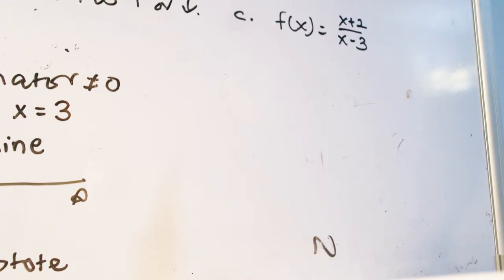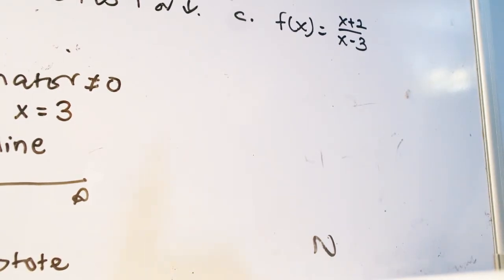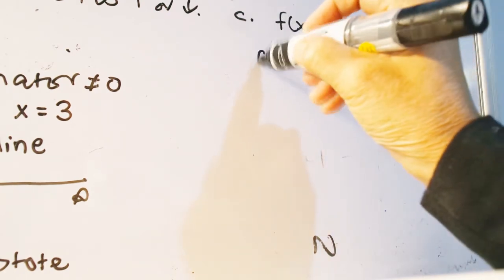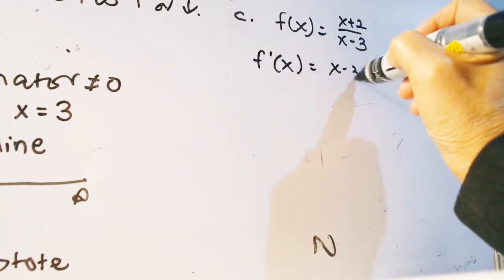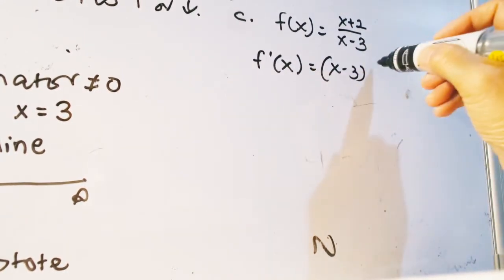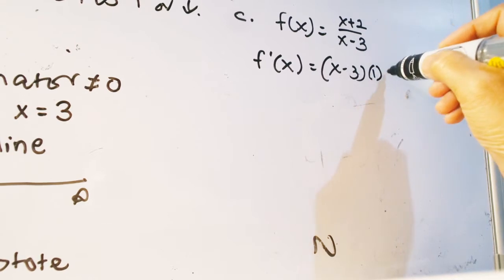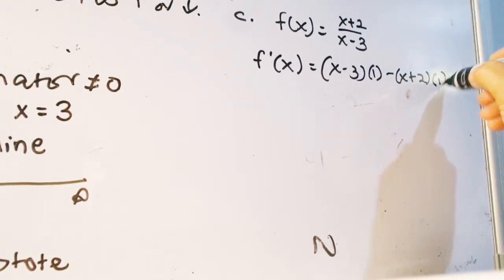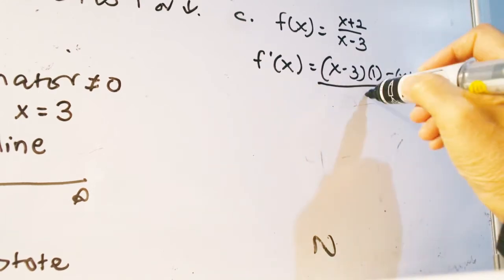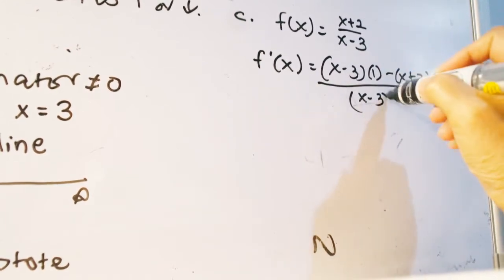Now because this is a quotient function, we have to differentiate using the quotient rule, and that is f prime of x equals x minus 3, then differentiate the numerator, minus x plus 2, differentiate the denominator, all over x minus 3 squared.